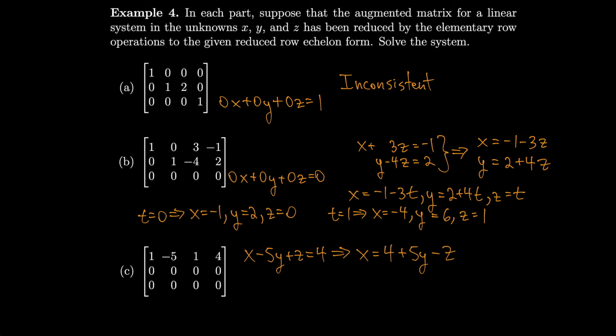We'll set, how about y to be s and z to be t, so we'll get x equals 4 plus 5s minus t, and we'll have y equal s and z equals t, and that's our solutions. We could set s and t to be any real number, and we'll come up with another solution.